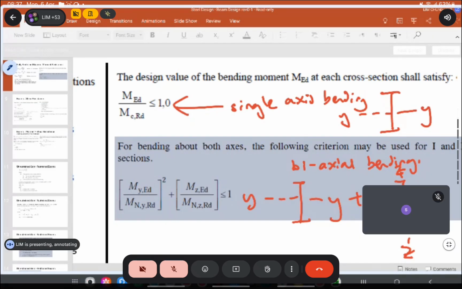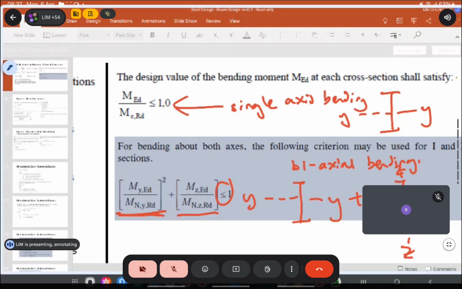In this case, you have to do the exercise for the y-axis, repeat the exercise for the z-axis, and then the two added together has to be less than 1.